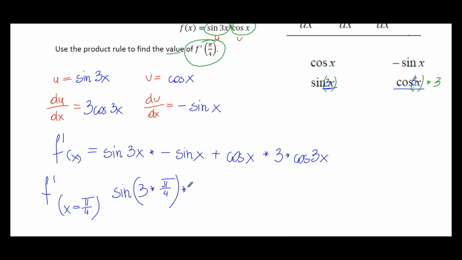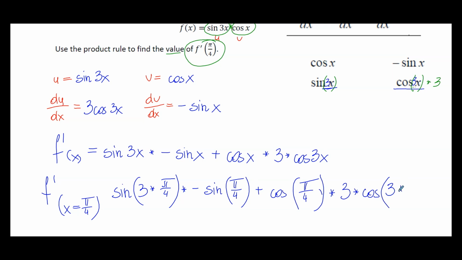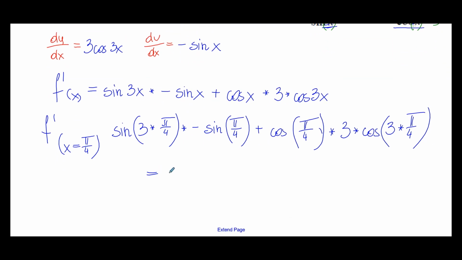They did tell me that the angle is in radians, so I just have to make sure my calculator is in radians in order to get the appropriate value. Like I'm saying, you don't have to simplify it. Sorry, I'm trying to write at the same time, replacing x with pi over 4. So all of that we can now put in the calculator, press equal, and the answer should come as -2.